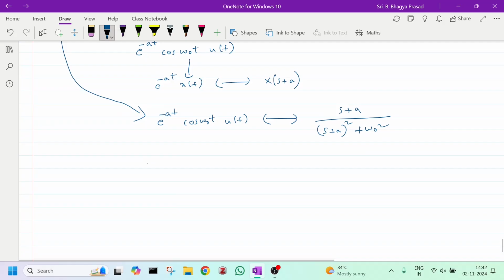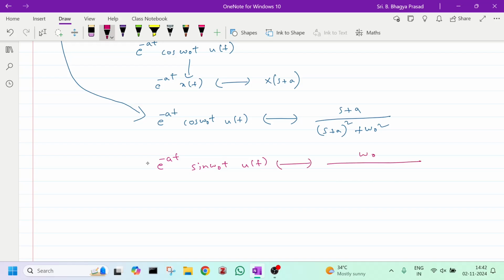The same for e power minus at sine omega naught t u of t. This is omega naught by s plus a whole square plus omega naught square, and here the ROC for both is sigma greater than minus a.